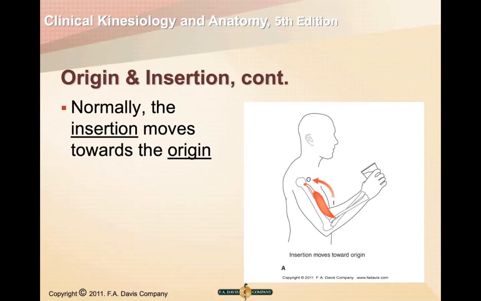And if y'all talked about the actin and the myosin filaments, they're all coming together and zipping together. The muscle is shortening and coming together, and the insertion is moving closer toward the origin. And that's the normal direction of muscle contraction.